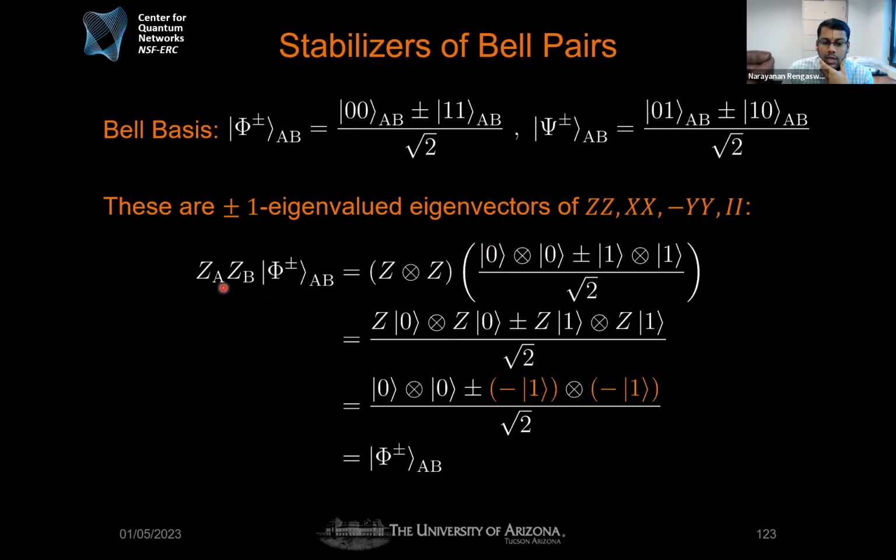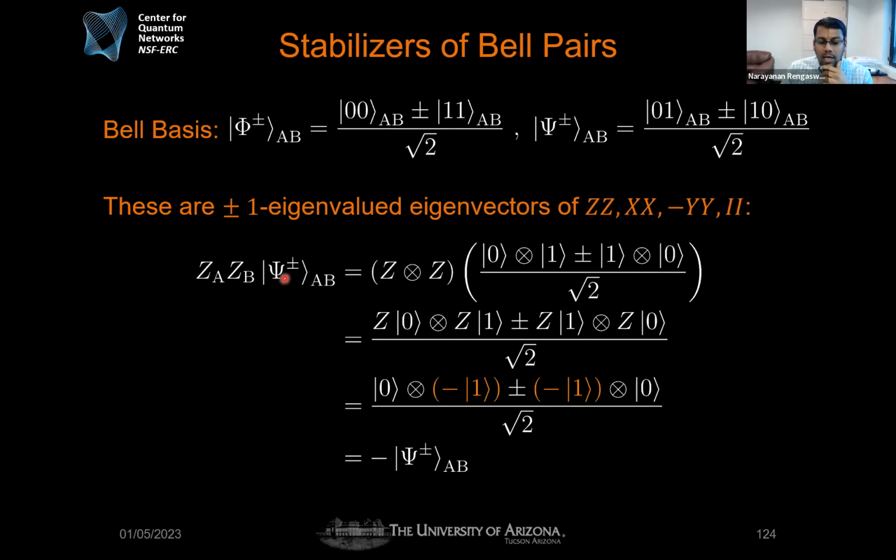So for example, if you take Z tensor Z, which I'm representing here as ZA ZB on qubits A and B, then you apply the Kronecker product property, and then you apply the action of Z on 0 and Z on 1, then you see that you start with the phi plus state or phi minus state, and you end up with the same state. So the phi plus and minus states are +1 eigenvalue eigenstates of Z Kronecker Z.